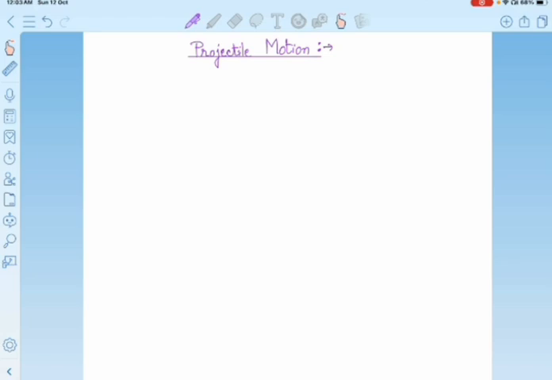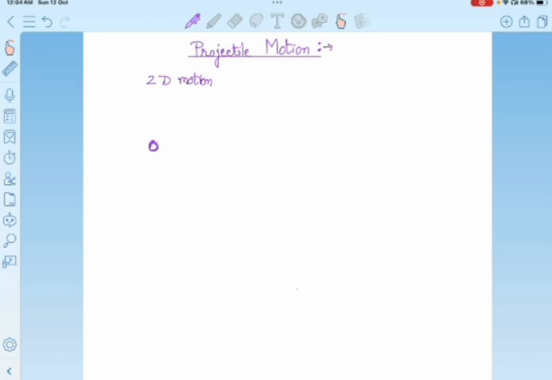So today I'm gonna explain projectile motion, which is a part of kinematics, which we usually study in class 11th. Projectile motion is an example of two-dimensional motion, involving the x and the y axis.